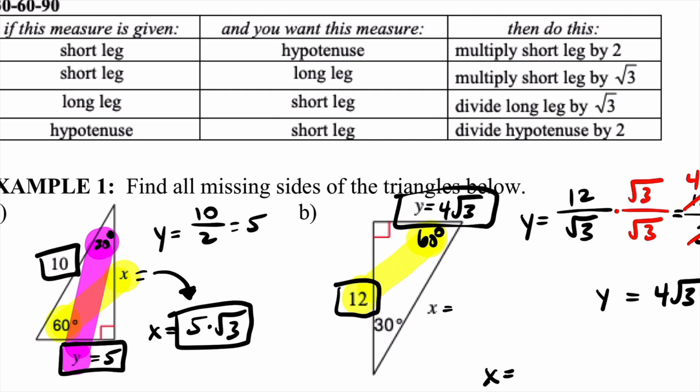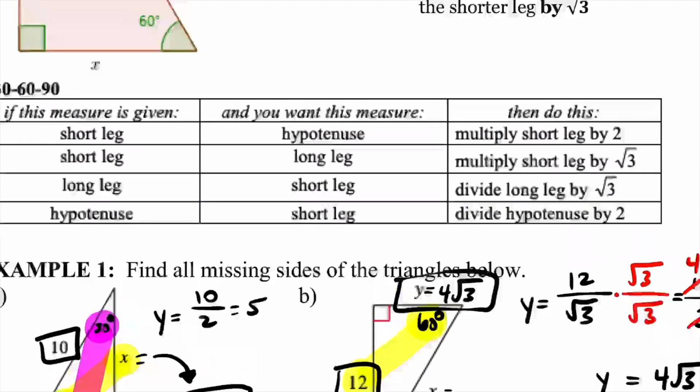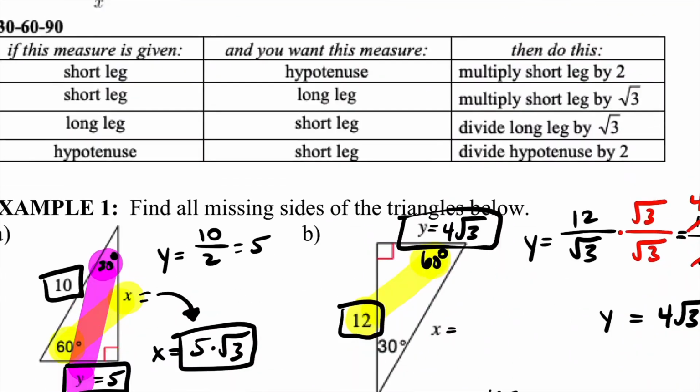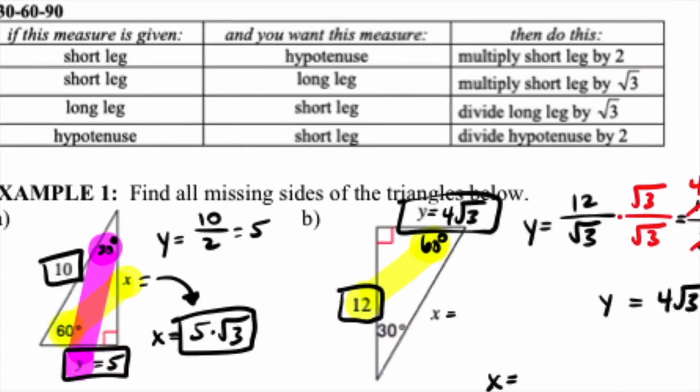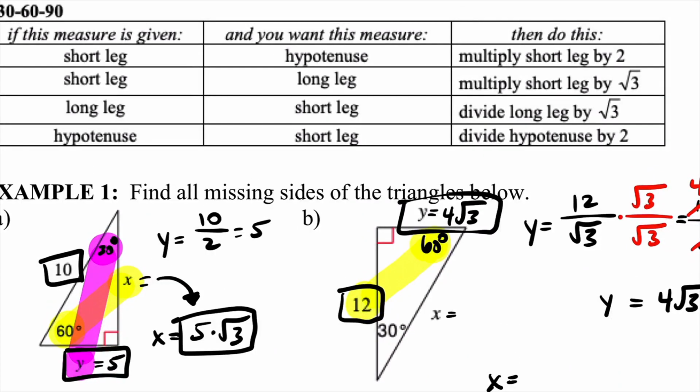The top row says that to get the hypotenuse, you multiply the short leg by 2.